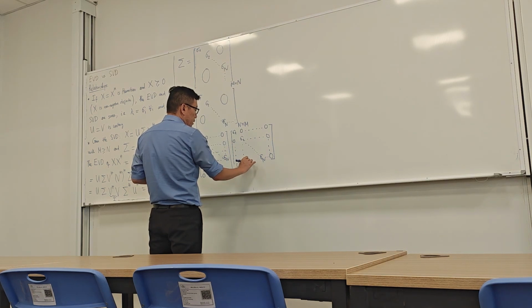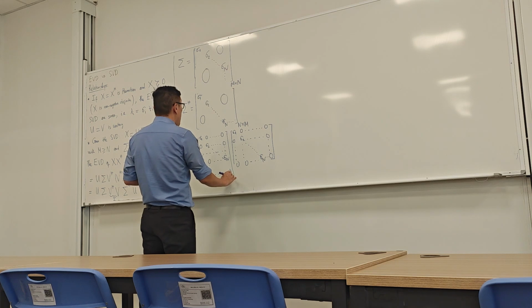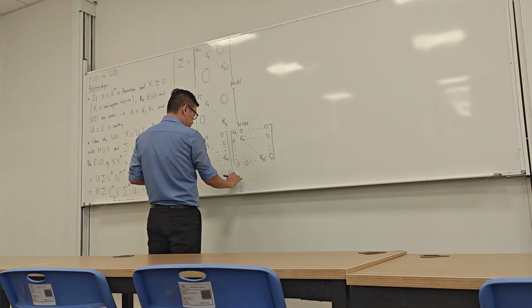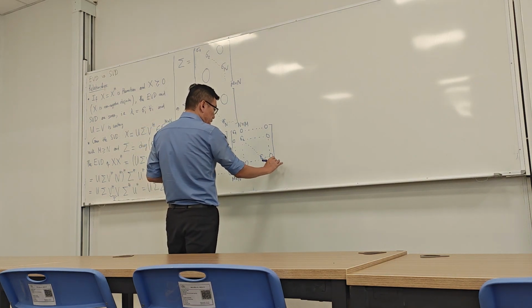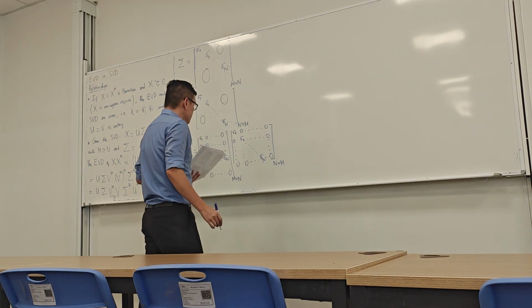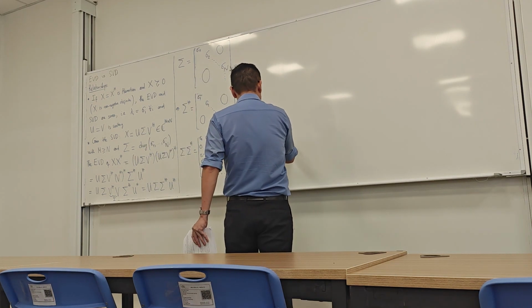And this one is m by n, multiplied with n by m.